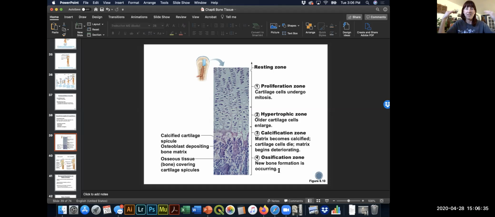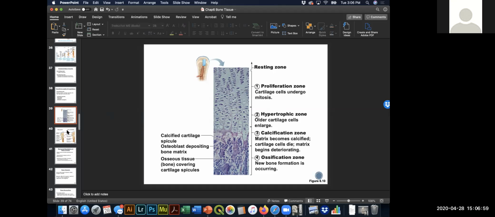All those cells are dead and they get taken over by that bony matrix, which is calcium. Does that make sense? Just be able to put those in order, because the names really say what's happening: resting zone, proliferation zone, hypertrophic, calcification, then ossification. Okay? Okay, thank you. No problem.